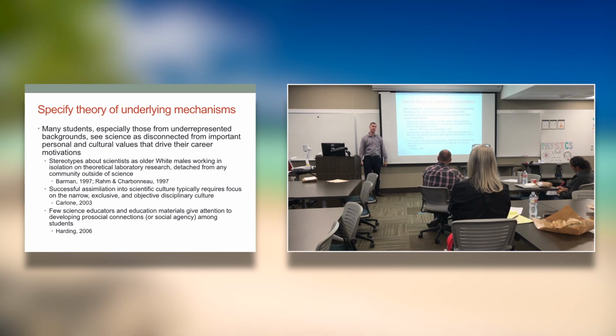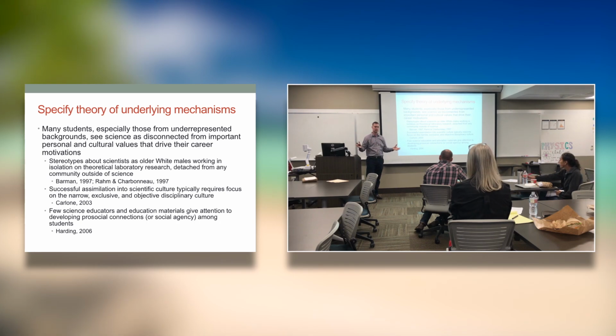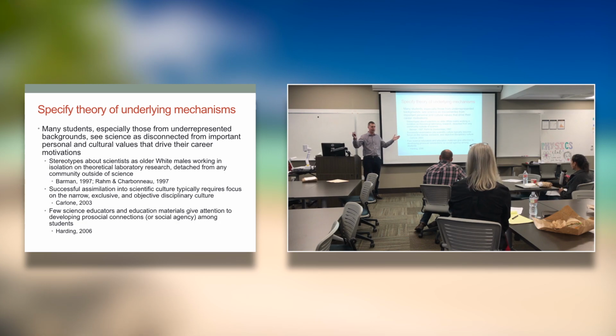So Carlone has done a lot of interview work with students who are progressing through science education. And what she finds is that in other disciplines, they encourage you to think about what you're doing in broader ways. What students experience in science is that they learn, I have to fit these methods, and I have to do things in this narrow, disciplinary-based way.